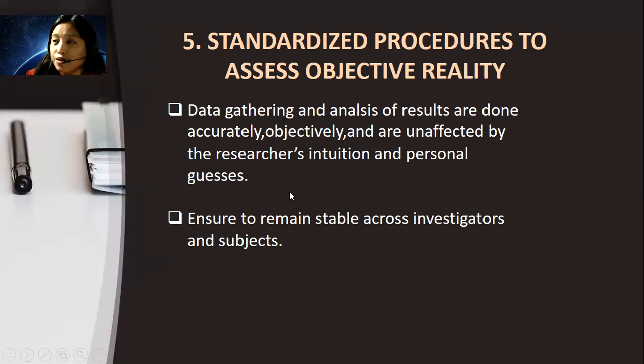It's not focusing on one group or one person, in short, to remain stable across investigators and subjects. This is probably the reason why this is called the reigning or supreme kind of method in research.